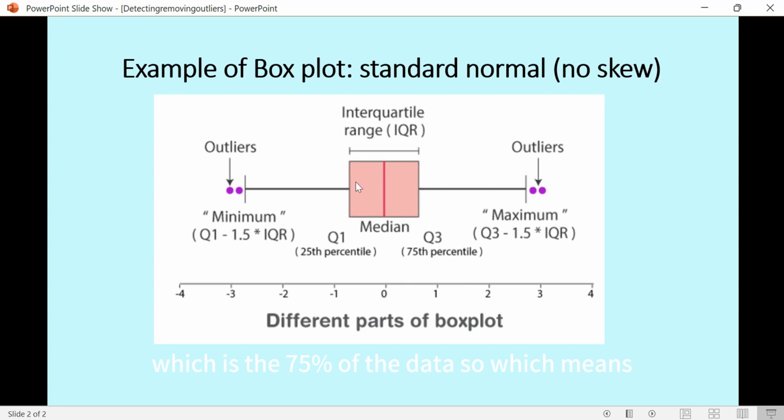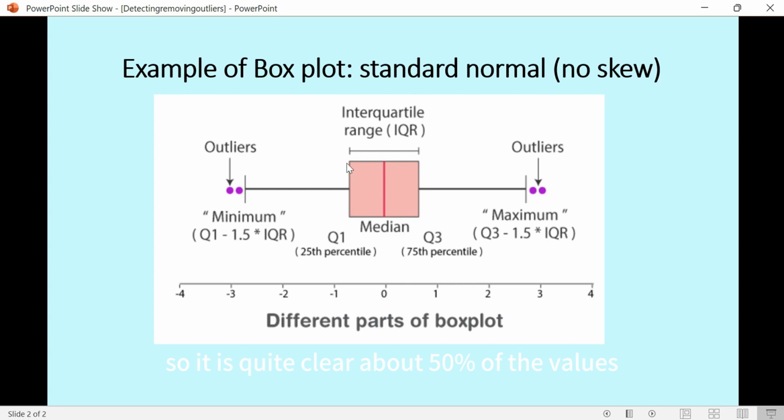So about 25% of the observations for this variable are under this value, and about 75% of all the observations are below this level.